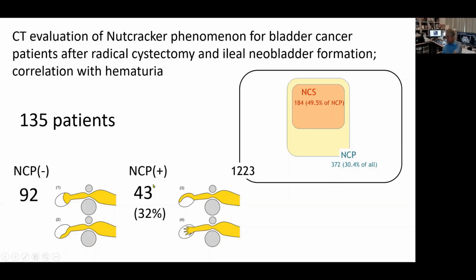And there was a significant correlation between the incidence of persistent hematuria and those CT findings. This prevalence of 32% of positive CT findings is quite equivalent to the 30% prevalence at Doppler ultrasound study.